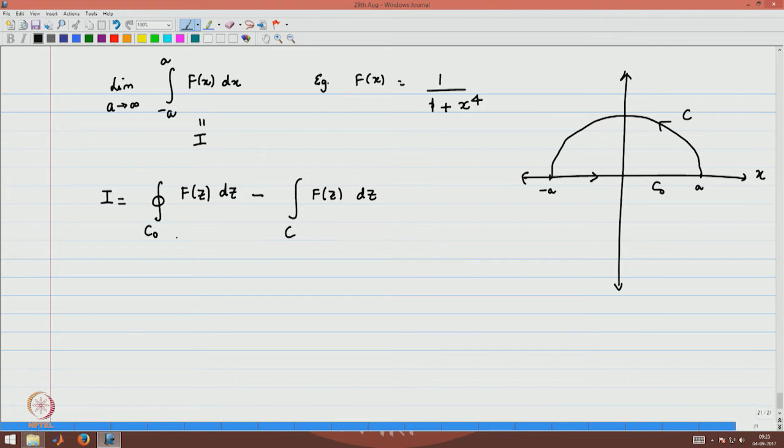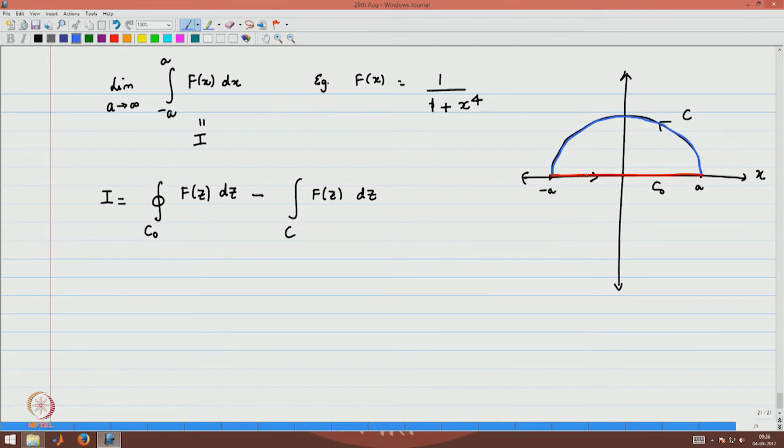So, the idea is this. The integral over the entire contour can be written as a sum of this integral plus this integral.